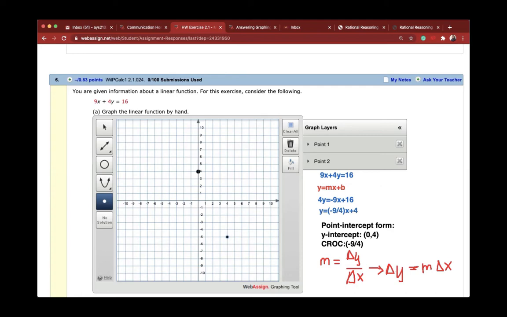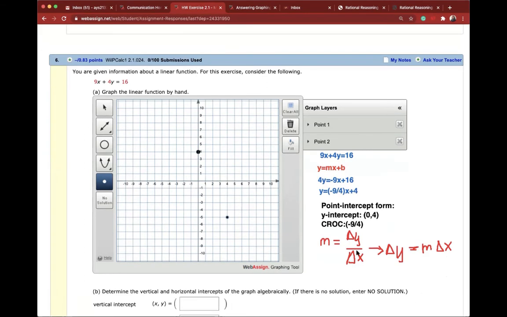Now let's look at how this would look on a graph. Whatever the change in x is, my change in y is going to be m times as large. If you are still confused, I want to show you. Our constant rate of change for this problem is negative 9/4.